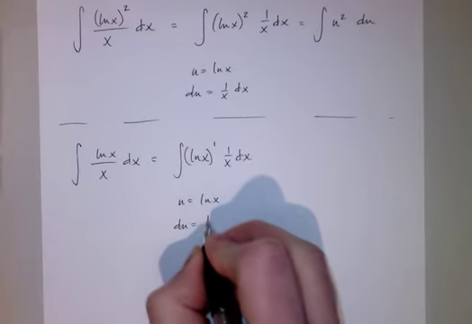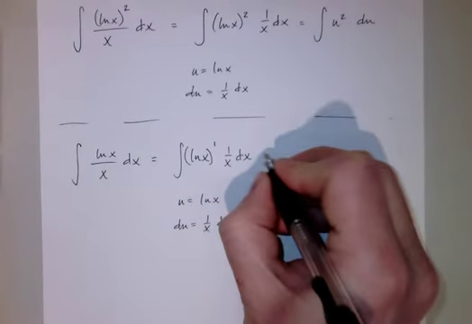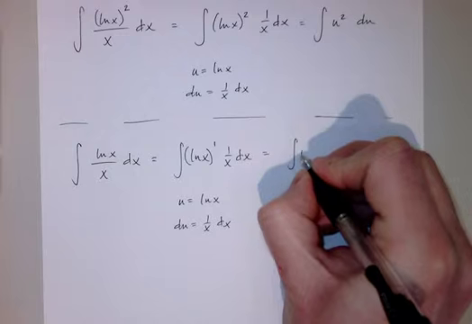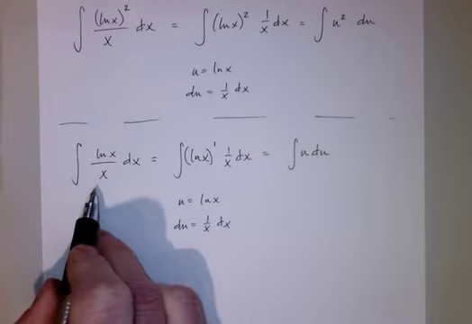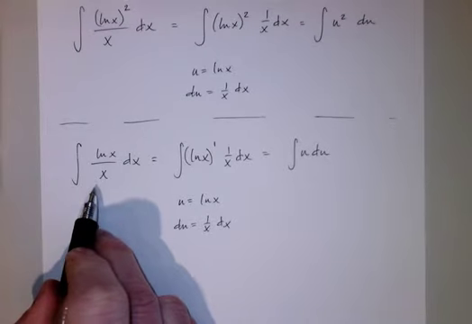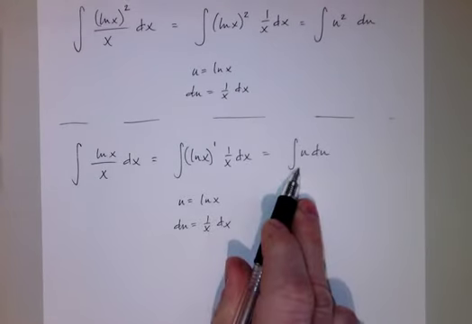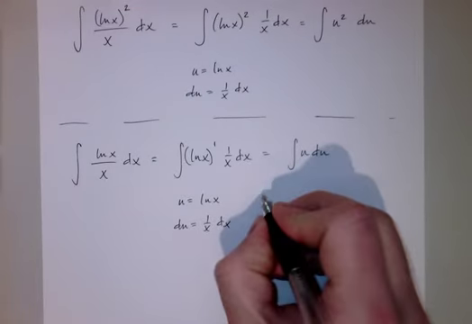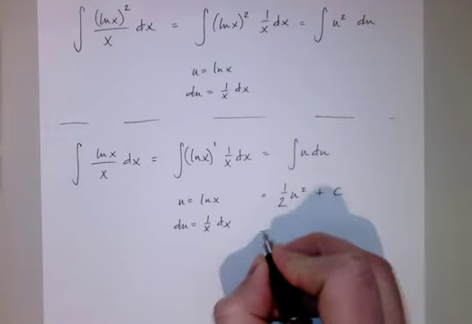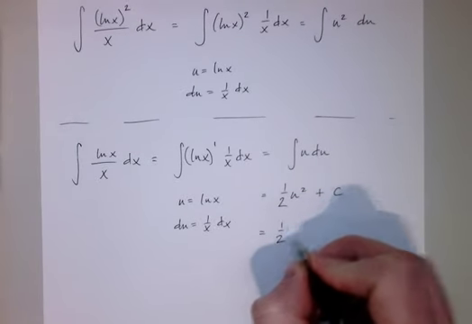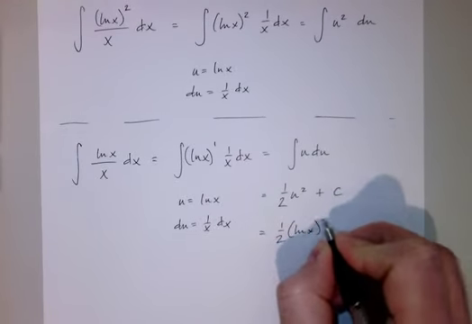My du is still 1 over x dx, and so this winds up being u du. It looked really nasty right here, but the moment that you identified the correct u, that cleans up very, very nicely. Okay, and so it winds up being 1/2 u squared plus c, or 1/2 natural log x squared plus c.